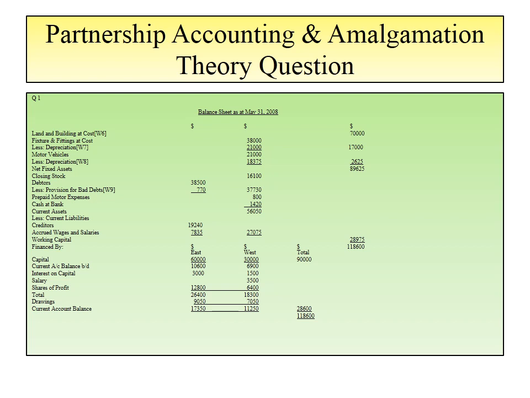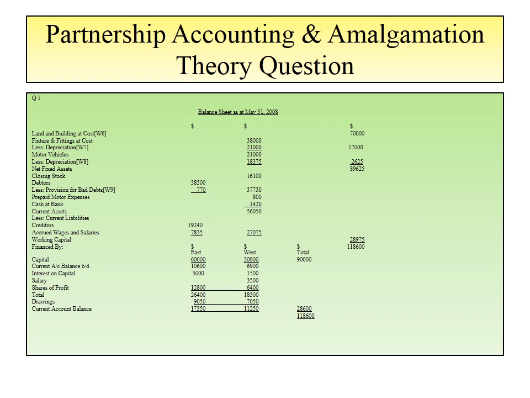Land and building at cost is 70,000. Fixtures and fittings at cost is 38,000 taken from the trial balance, and depreciation of 21,000 is deducted from it, and we get a net figure for fixtures and fittings of 17,000. The cost for motor vehicles is 21,000, and depreciation is deducted from this figure, 18,375, and we get a net value for motor vehicles of 2,625.